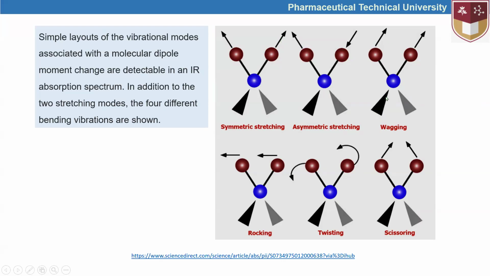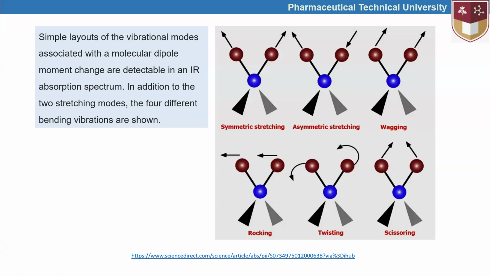In rocking, these are about the bending. And here you can see rocking. This is twisting and scissoring. As we talked, they might come closer to each other, or they can go to the same distance compared to the location of rocking, or this kind of distance in terms of wagging.